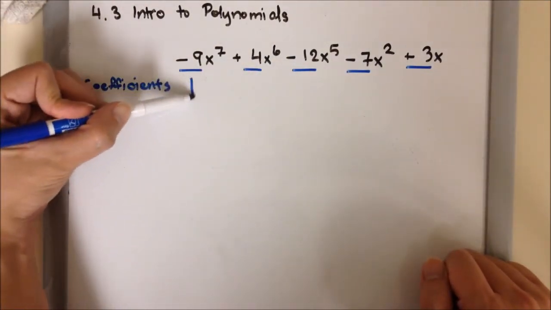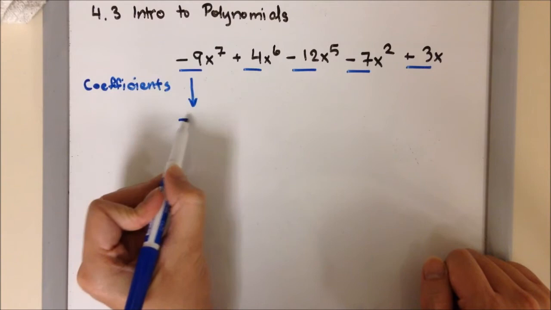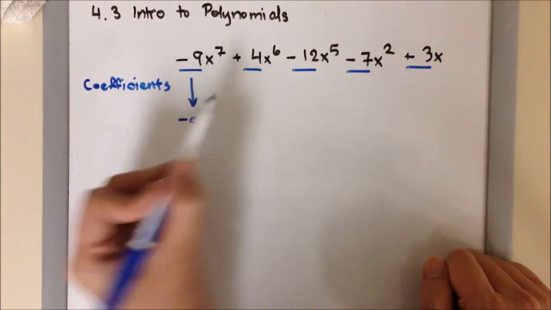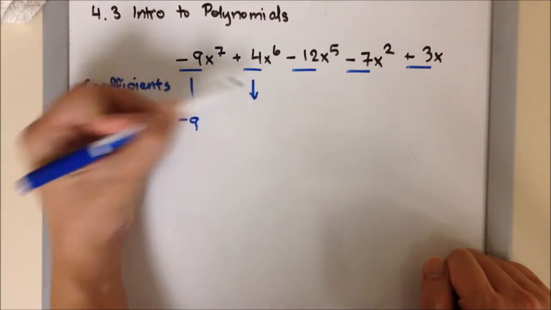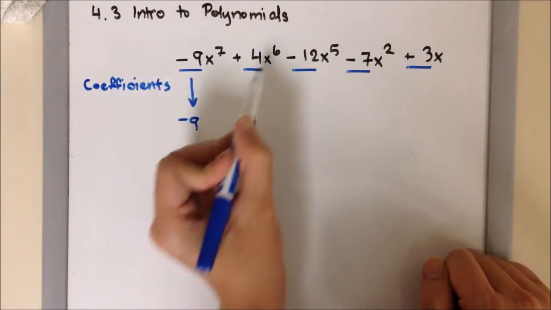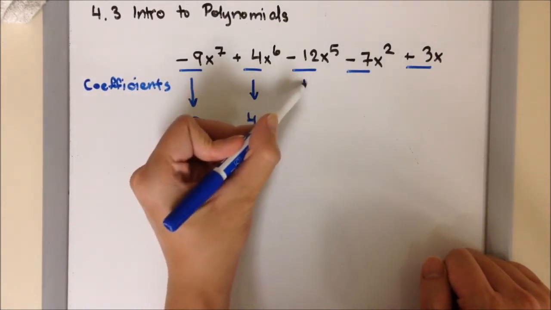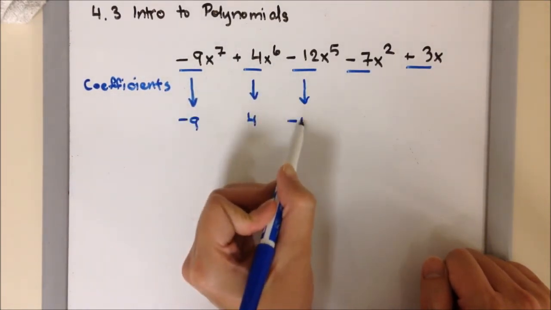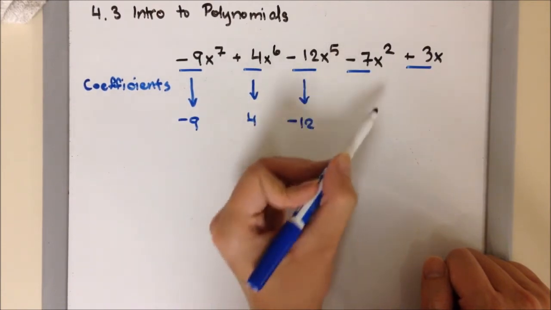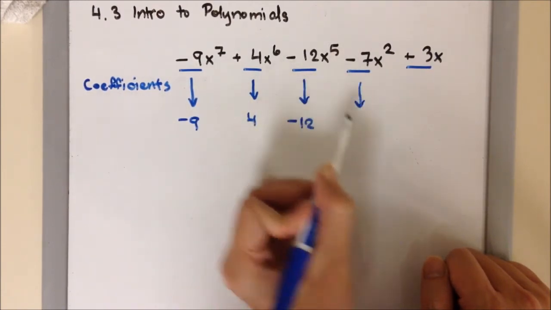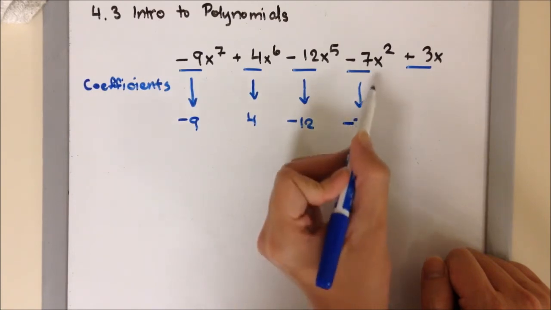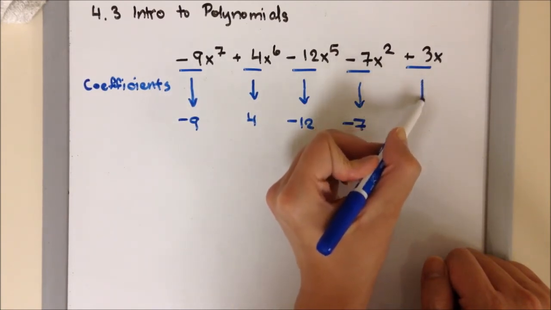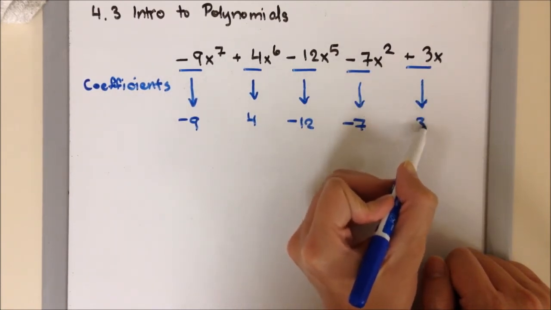These are all coefficients. So -9 because it's in front of the x to the 7th power, +4 because it's in front of x to the 6th, -12 because it's in front of x to the 5th, -7 because it's in front of x squared, and then +3 because it's in front of x.